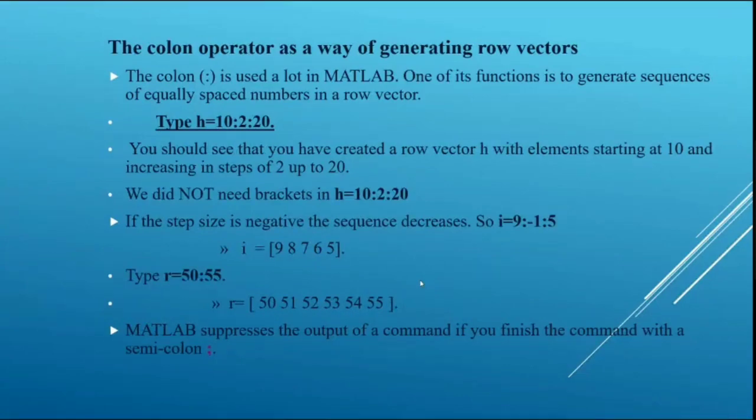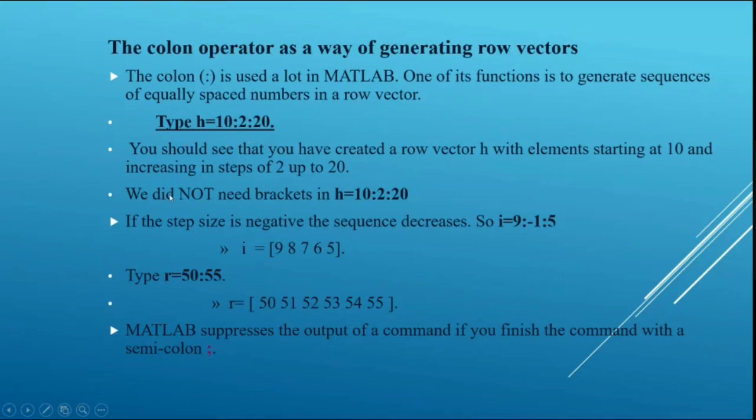We will now see the use of the colon operator, which is used as a way of generating row vectors. The colon is used a lot in MATLAB. One of its functions is to generate sequences of equally spaced numbers in a row vector. If we type h equals 10:2:20, we can see that we have created a row vector h with elements starting at 10 and increasing in steps of 2 up to 20, like 10, 12, 14, 16, and so on.